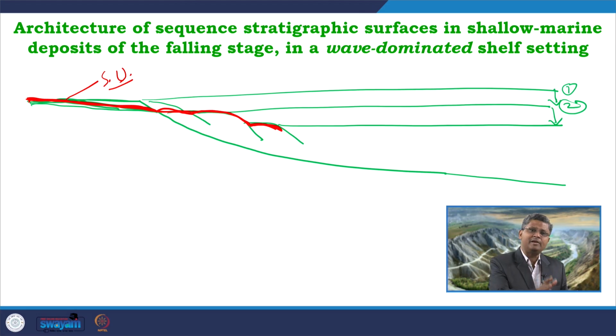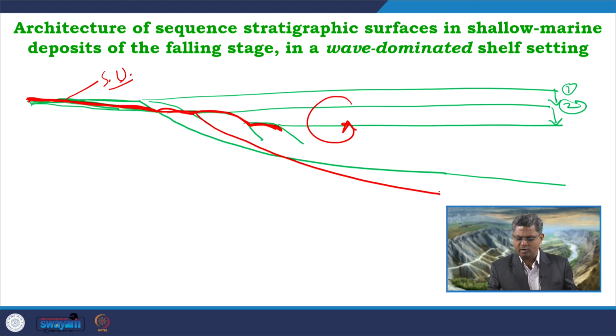Now, when this subaerial unconformity is forming in the marginal marine part or in the continental part, at the same time in this area we are getting wave reworking, and a wave equilibrium profile is forming and cross cutting the sea floor. For this first level of fall from level 1 to level 2, we are getting a new wave equilibrium profile, which is cross cutting over here.